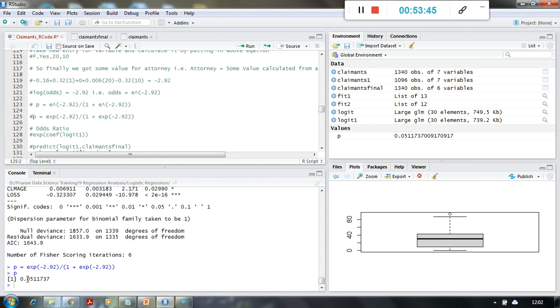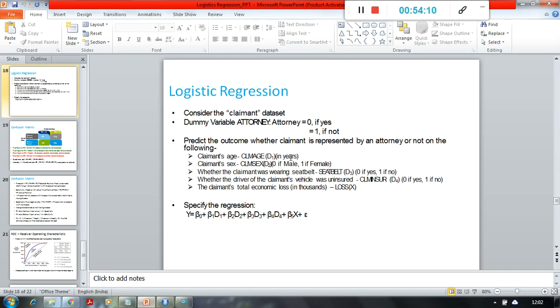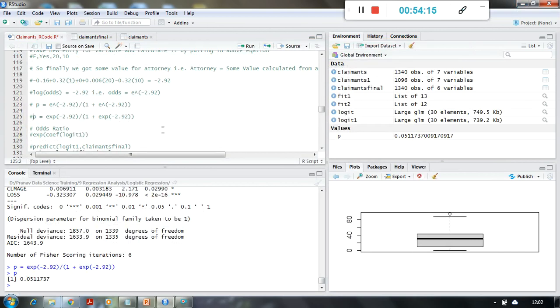So there is a 5% chance that the female whose driver is uninsured, having age 20 and $10 losses, is not going to hire an attorney. The meaning of this is there is a 95% chance that she will hire an attorney. This is the interpretation.